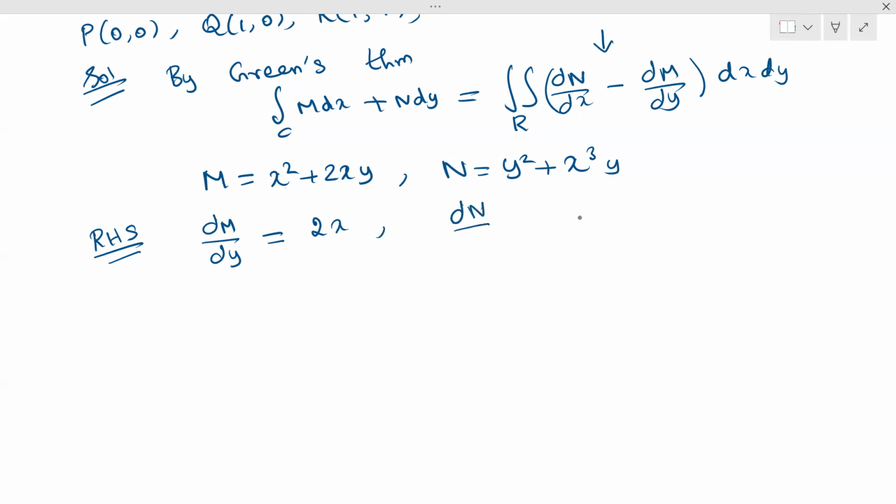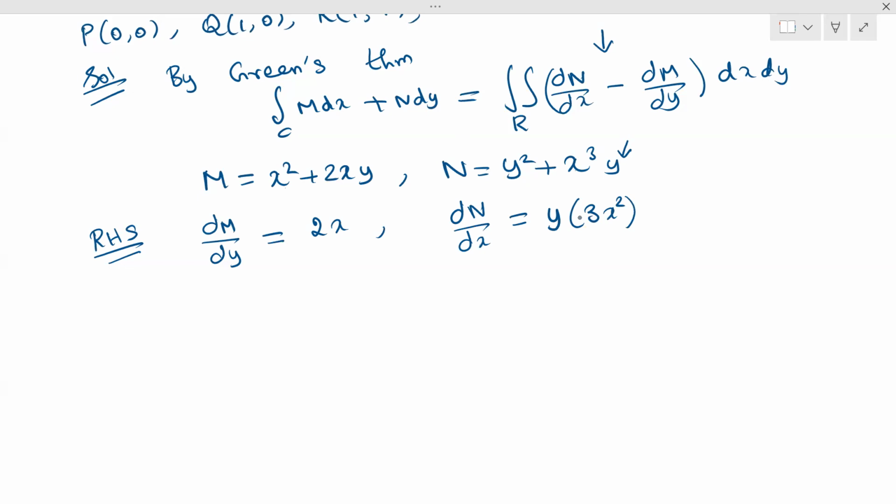Now dou n by dou x, with respect to x. So y is constant, so y square is constant, and the first term differentiation is 0. In the second term y is constant, so write y as it is. X cube differentiation is 3x square.